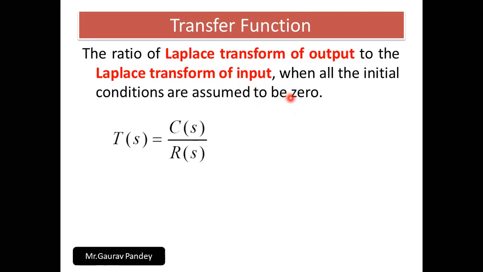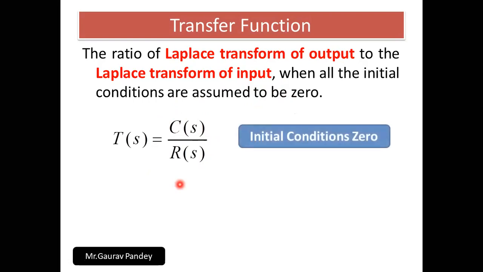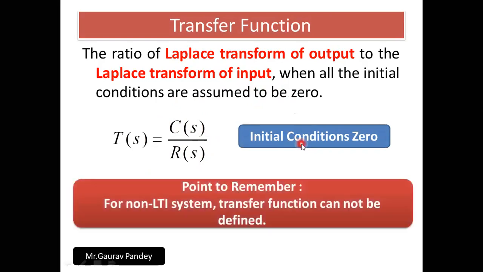Mathematically it is represented as T(s), the ratio of output response to input, where C(s) is the Laplace transform of output and R(s) is the Laplace transform of input, keeping all initial conditions 0. One key takeaway from this slide is that for a non-LTI system, the transfer function cannot be defined.